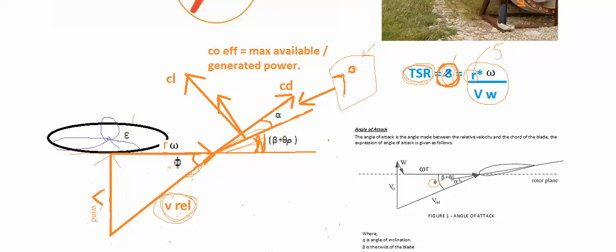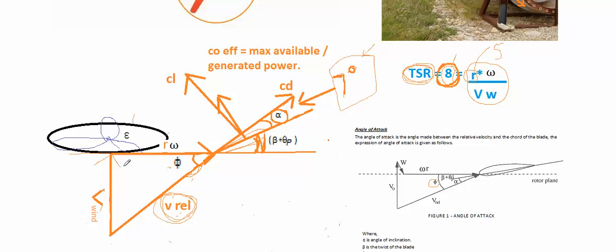So we should have some tool in our hand such that we can control the angle to maintain this best possible angle of attack. The concept will get clearer when we draw the velocity triangle, but for now just imagine this is an element.